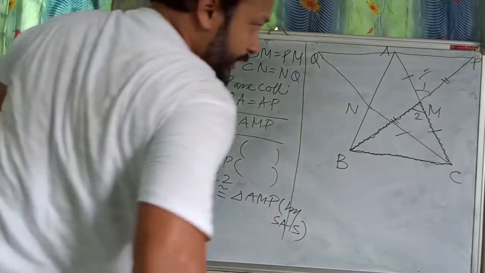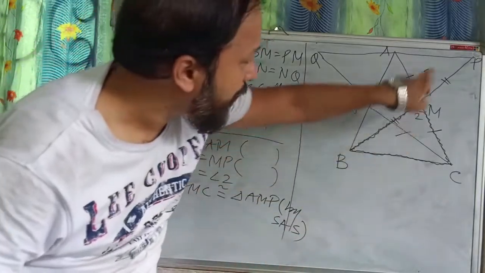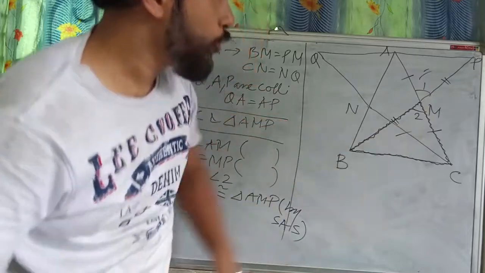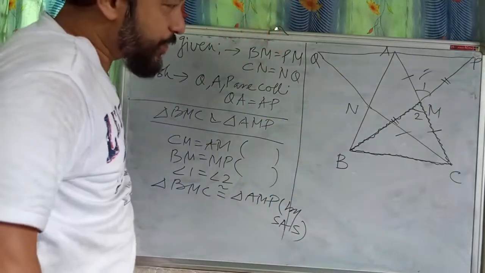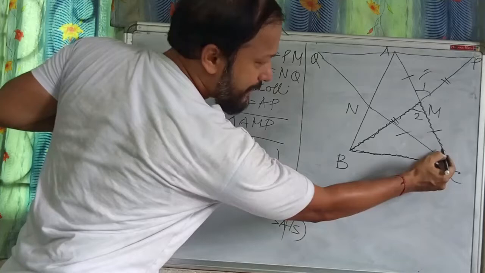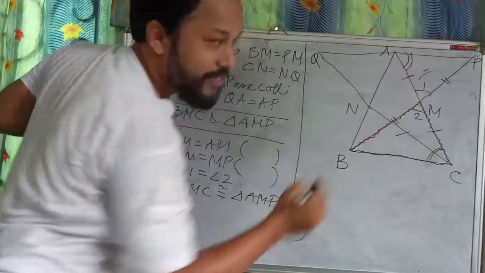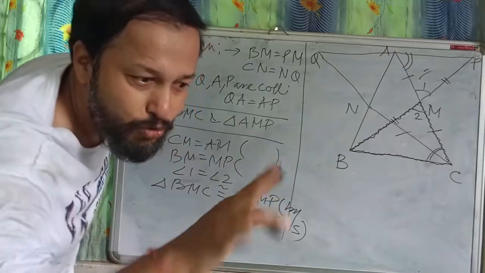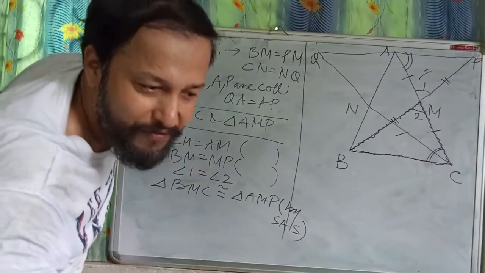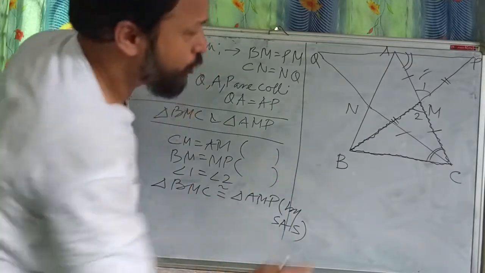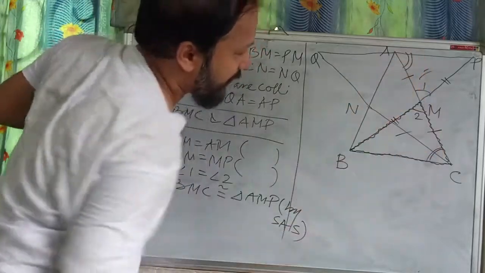Since these two triangles are congruent, obviously their angles will be the same. So this angle equal to this angle.